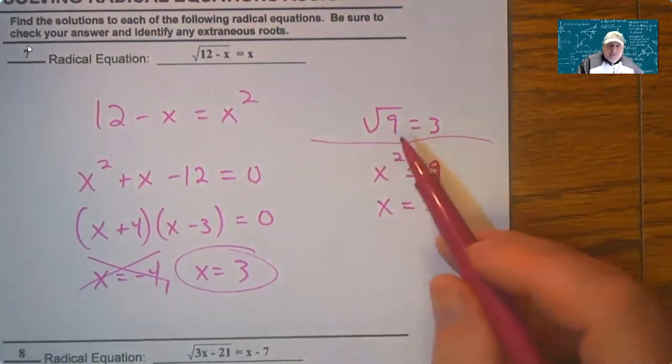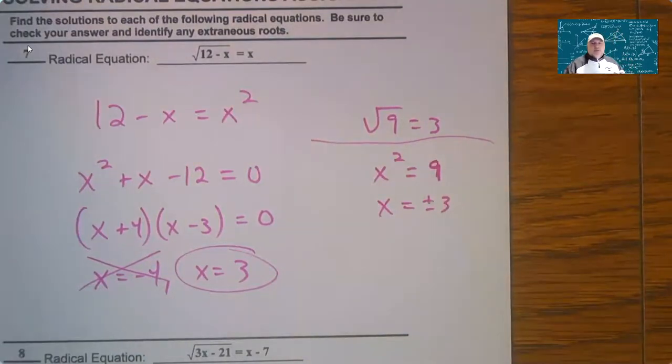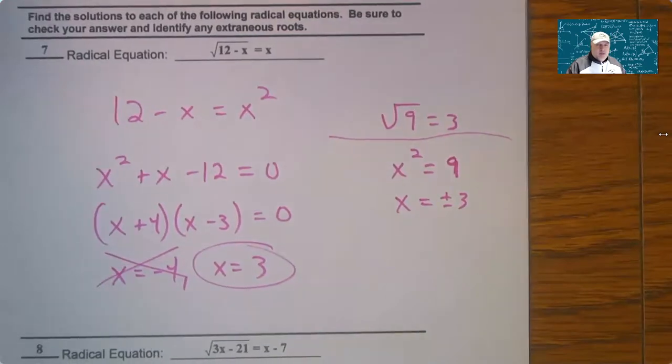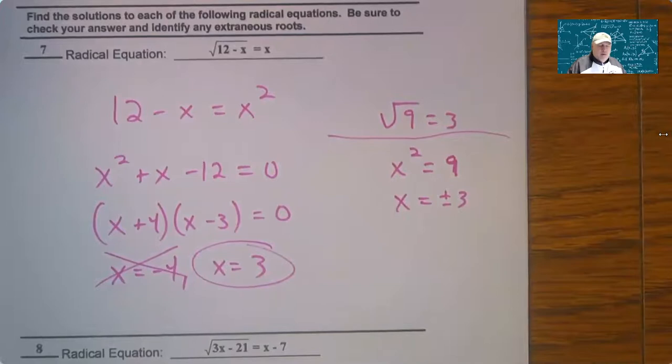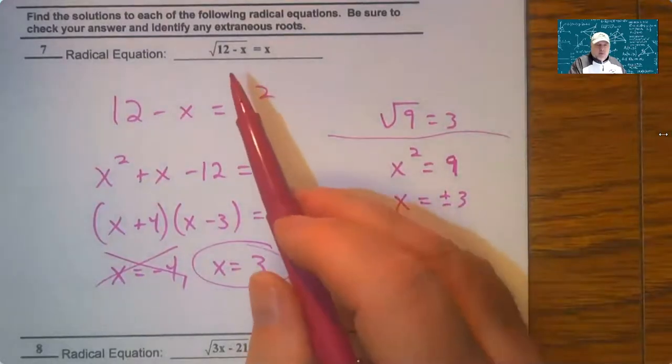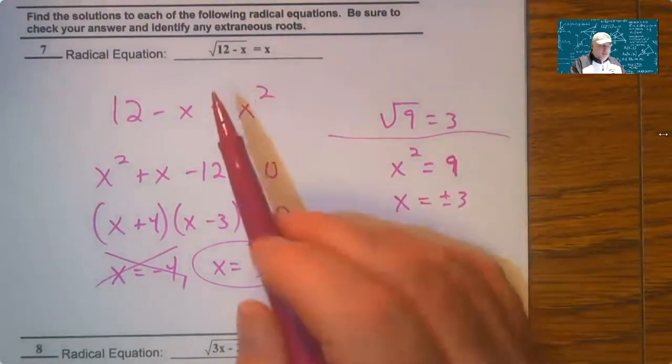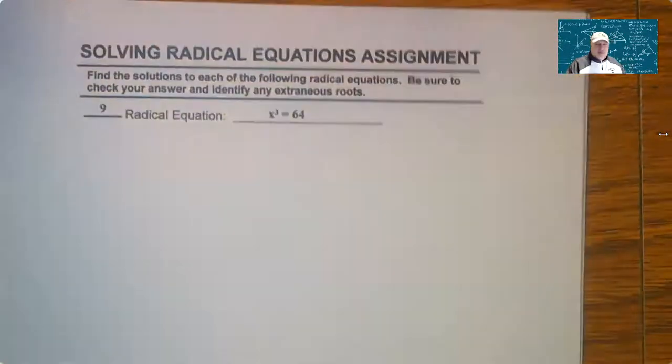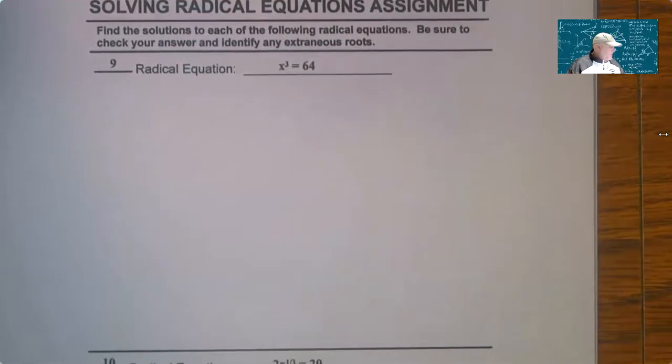When you just have the square root of a number, it's just the positive. And again, your calculator table would tell you the truth that negative 4 would not be a 0 if you put in y equals 12 minus x to the 1/2 power minus x. If you put that in, it would not show a 0 there. So that's how you can tell for sure that you have it.